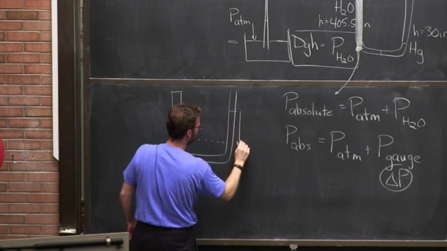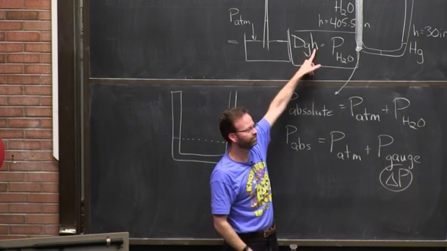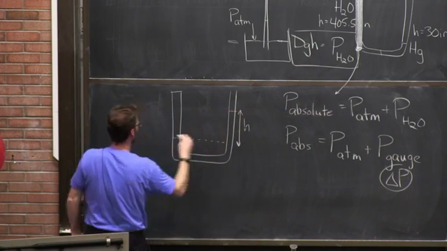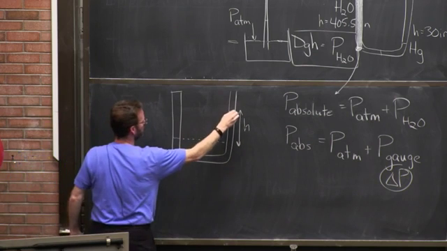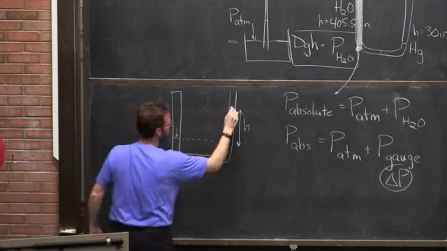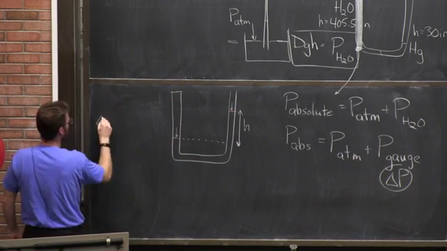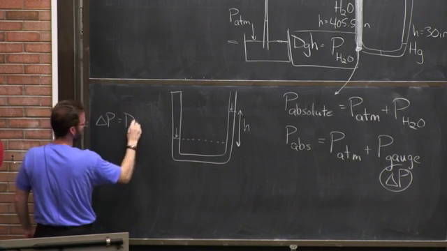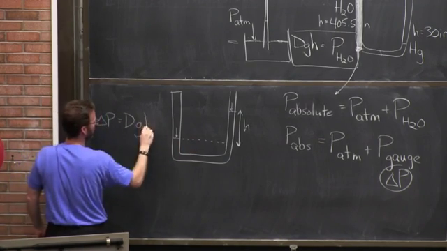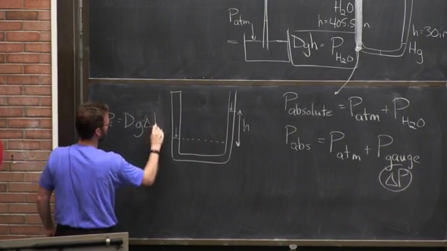So this height is that height. So if we do that, the difference in pressure from this surface to this surface is the density of the water, gravity, and that difference in height.